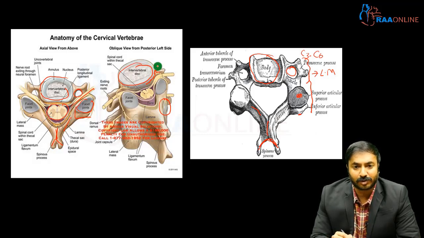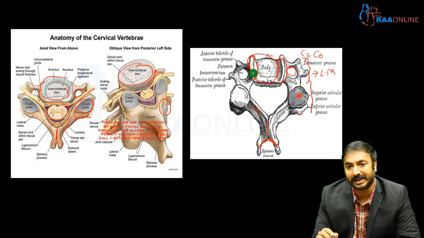The next thing you should know is the uncovertebral joint. What is the uncovertebral joint? You can see a small elevation here at the lateral aspect of the disc space. This is actually a false joint, not a joint with a synovium or a capsule. Since the disc is there, this projection of bone on the lateral aspect is not in close contact.